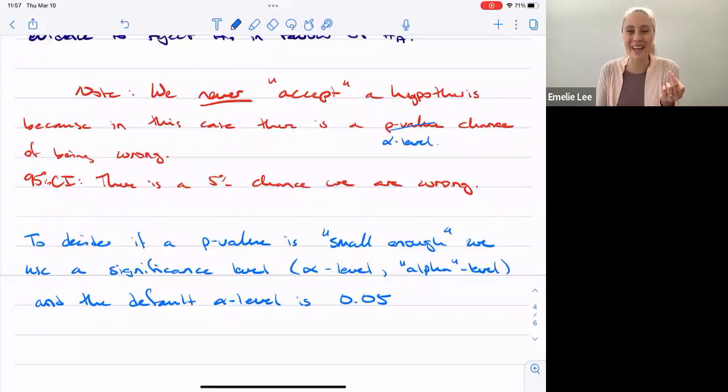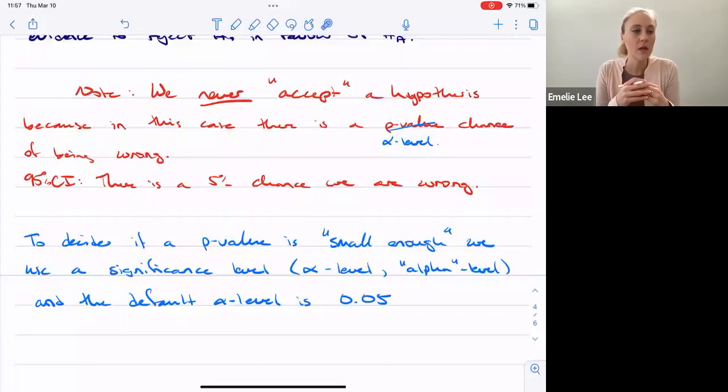But I didn't want to say that then because we didn't know what the alpha level was. I should have introduced it earlier, but I wanted to emphasize it first. Okay, so there's an alpha chance, or we allow an alpha level chance of being wrong. I'm okay with being wrong 5% of the time is what I'm saying.